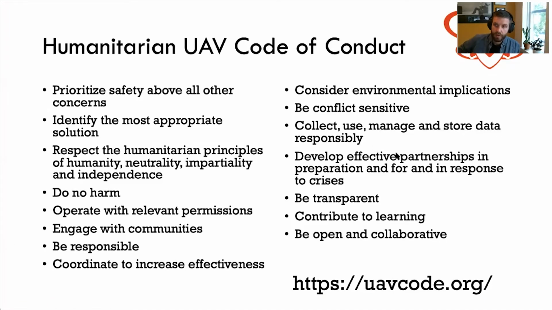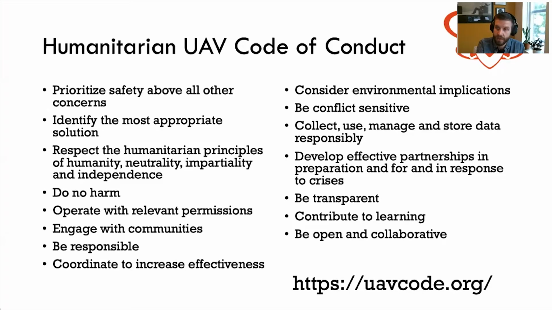There's a document, the Humanitarian UAV Code of Conduct, available at uavcode.org, that lays out a bunch of the things you should think about when flying a drone as a humanitarian.